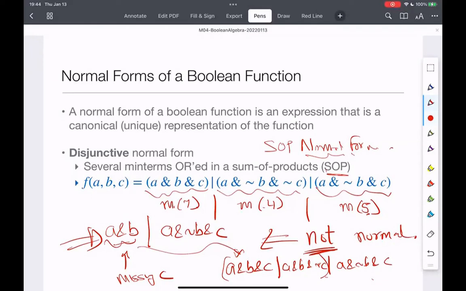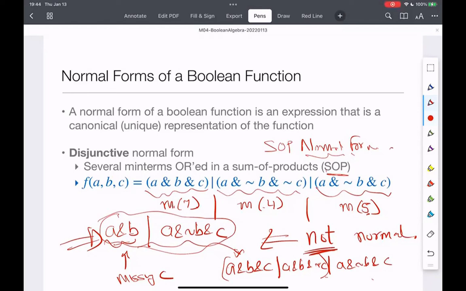We can also call it SOP normal form, sum of product normal form. That's the same thing. But if we simply say sum of product form, then it doesn't need to be normal. So this is sum of product, but it is not normal.